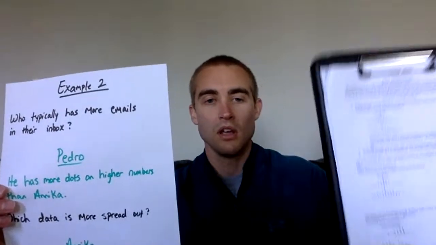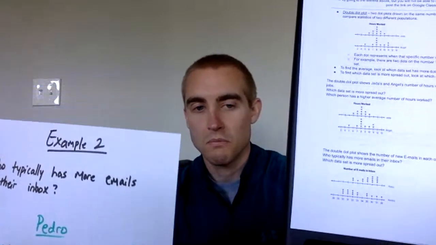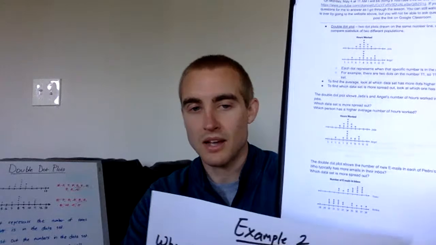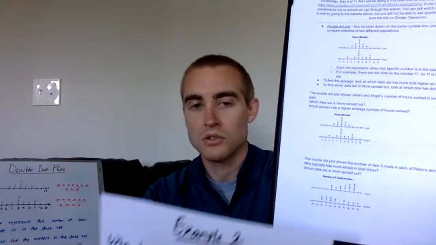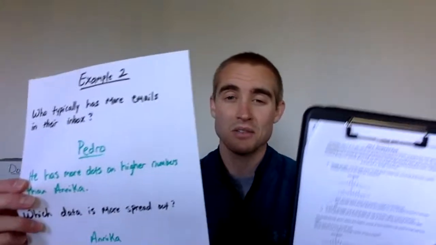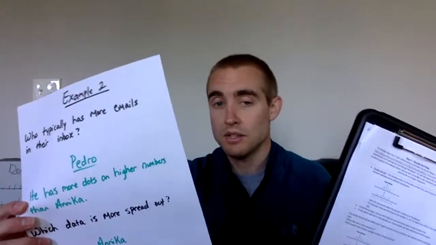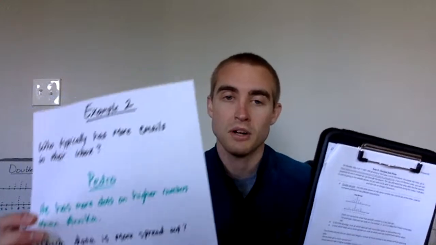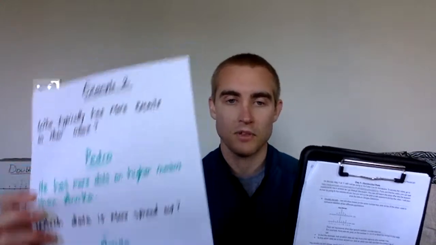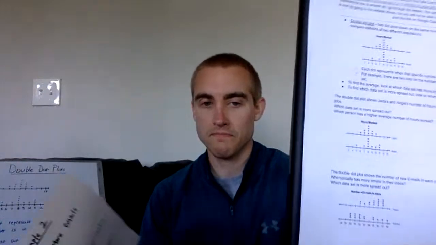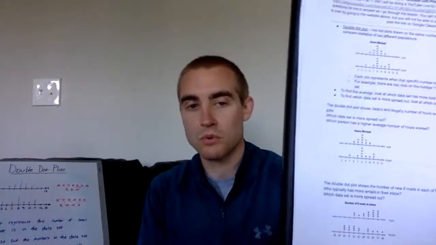Pedro has a lot of his dots in the upper 30s. Anika's are way back here. So Pedro typically has more emails. It might not be always. He might not always have more emails in his inbox, but typically he's got more emails in his inbox than Anika does. Then the second question is which data is more spread out?